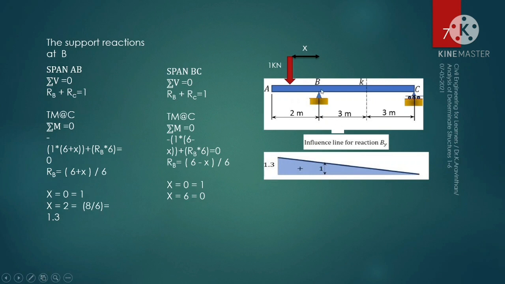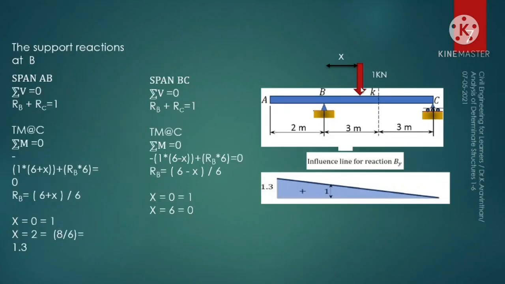Okay. For the span BC, place a unit load. Now take moment at C, RB into 6 is anti-clockwise, and 1 into 6 minus x, I will be getting the remaining distance. So 1 into 6 minus x. Okay, if I need RB, it is 6 minus x by 6. If I substitute x equal to 0, I will be getting influence line at this point.